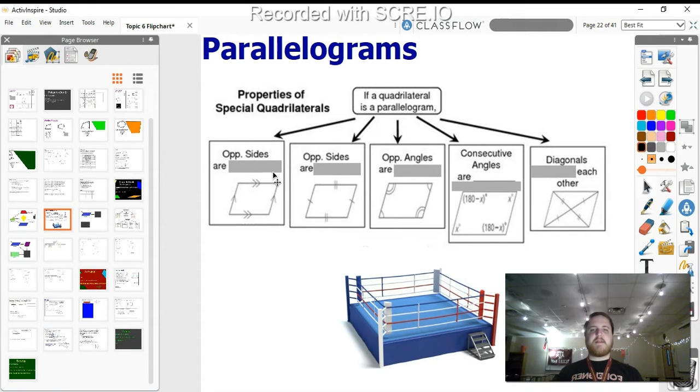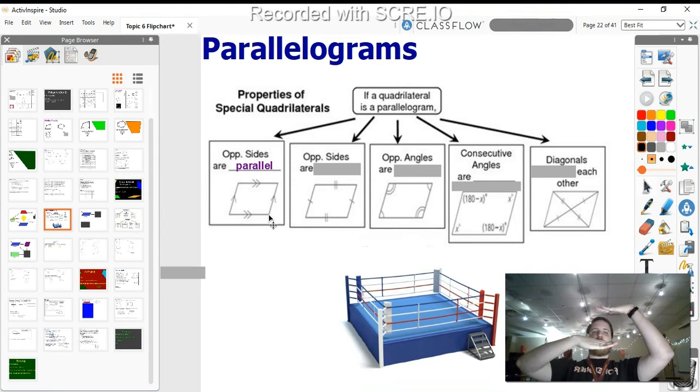The first thing that we talked about with parallelograms is that opposite sides are parallel. That's talking about this side and this side. We've got one set of parallel sides right there and one set right there. You've got four sides, split into two sides parallel this way and two sides parallel that way, and that's how we get two pairs of parallel sides.